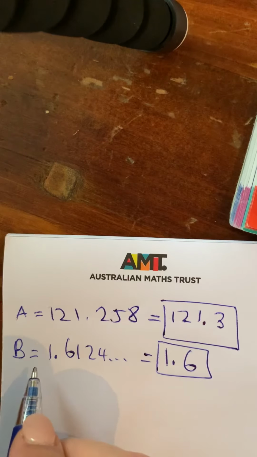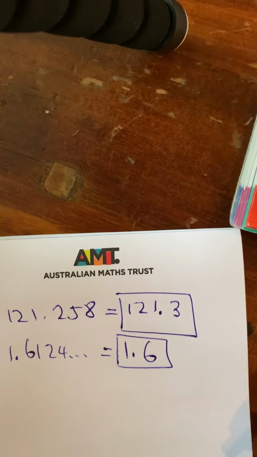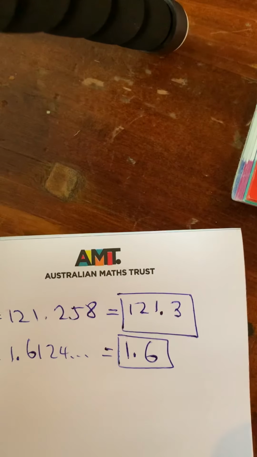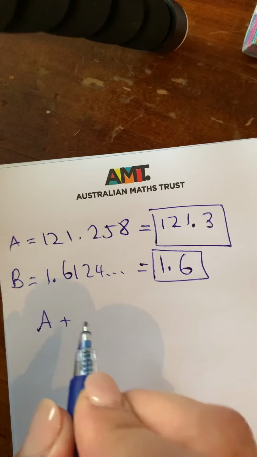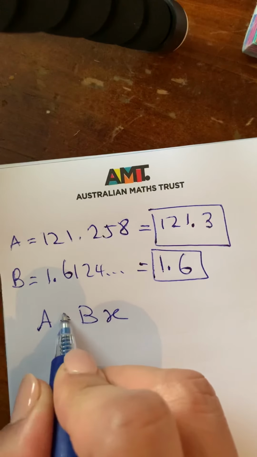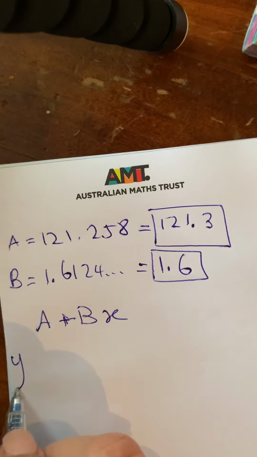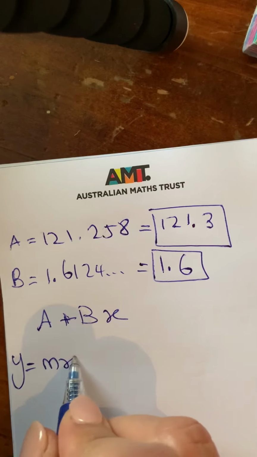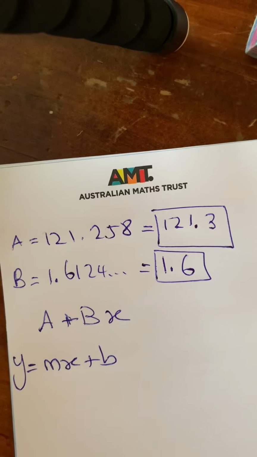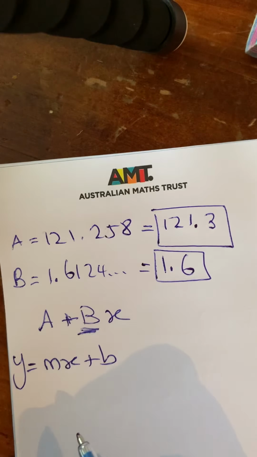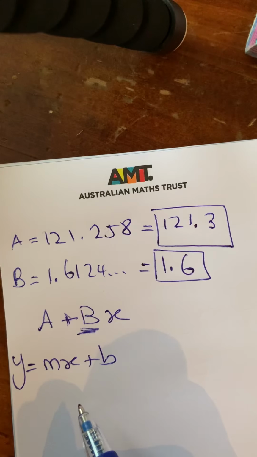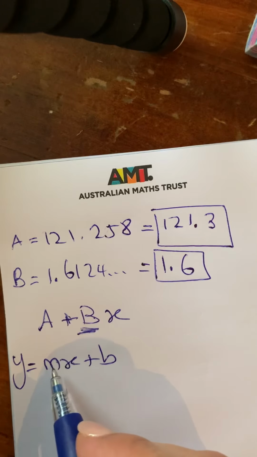Remember, what we chose at the very beginning was A plus BX. The equation of the line is y equals mx plus b. So m, in other words, is capital B when we're working off the calculator, because that's the number attached to x.